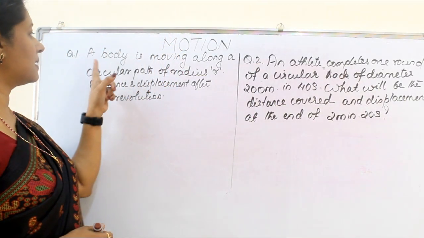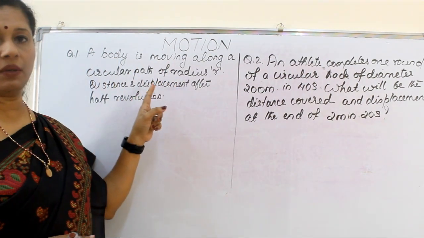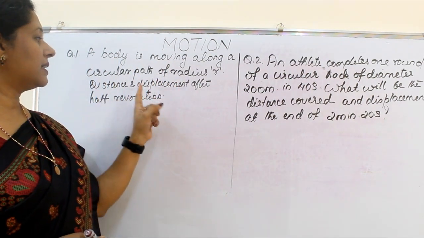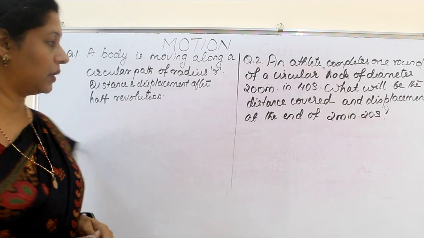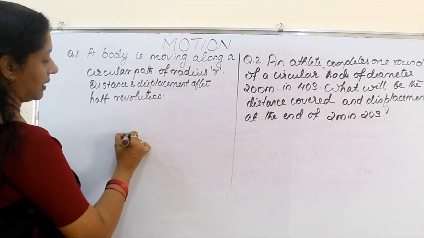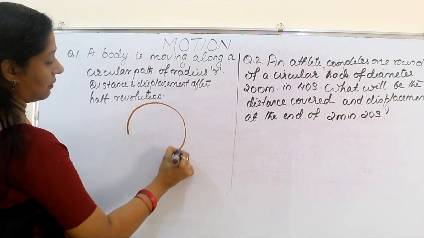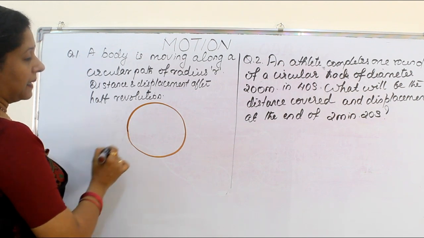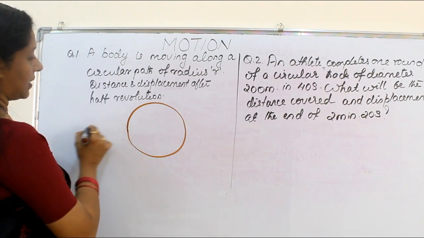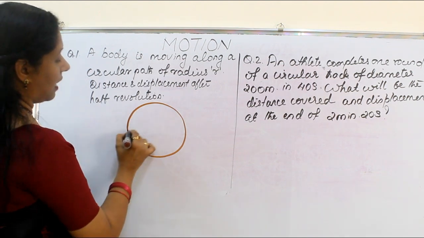So the first question is, a body is moving along a circular path of radius r. Find the distance and displacement after half revolution. Suppose a body is starting from here, covering a circular path and coming here. They are asking the distance traveled after half revolution.